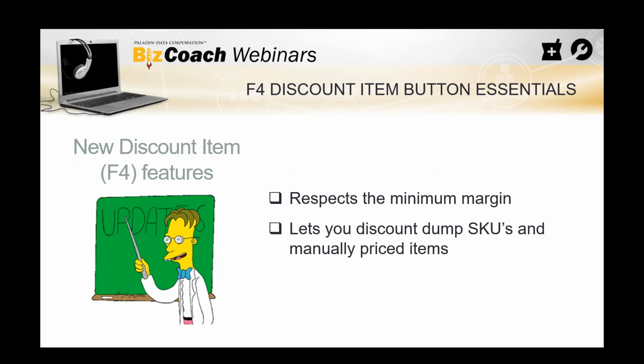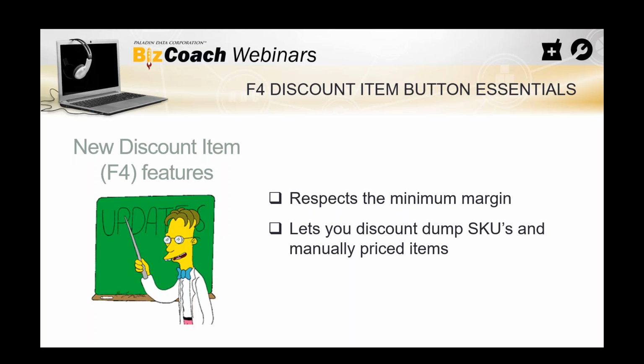Now, if you just wanted across the board, you can have that as well. You can have one or the other or both. You can have some departments set at minimum margins, and then for the rest of them, you can just have one minimum margin across the board.